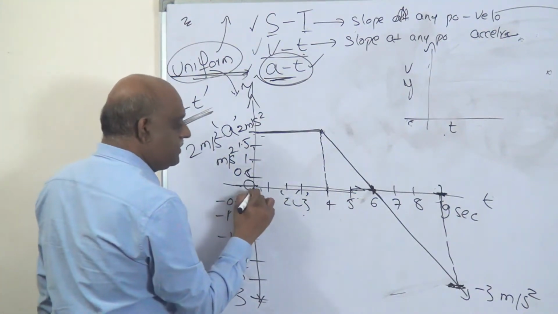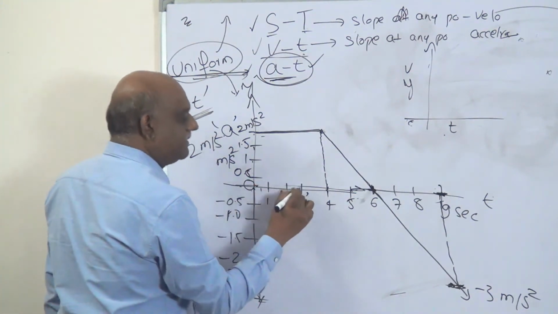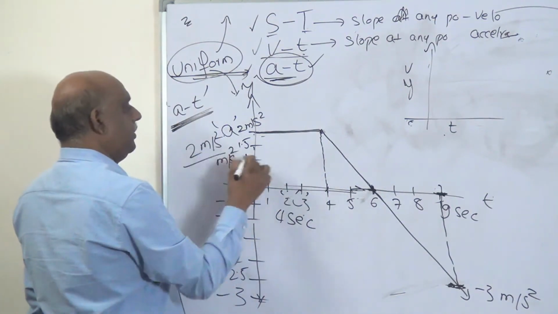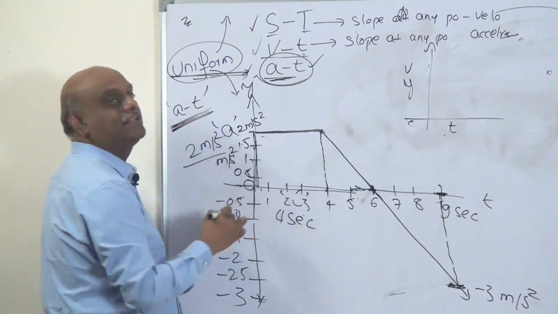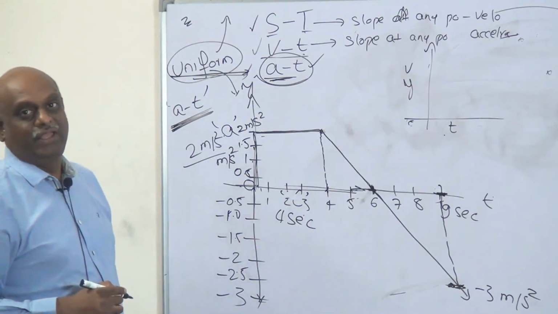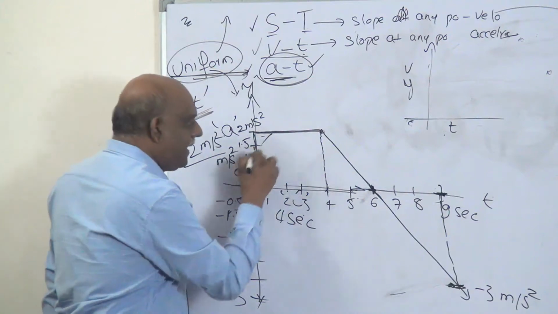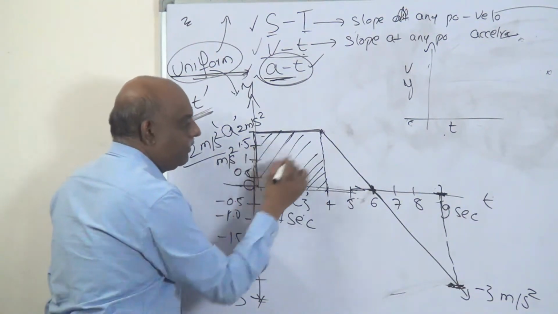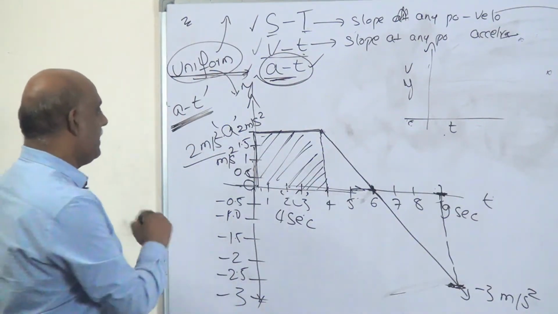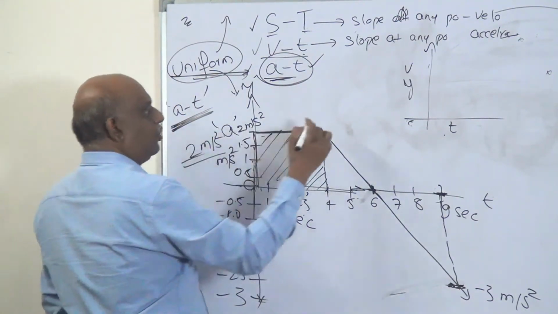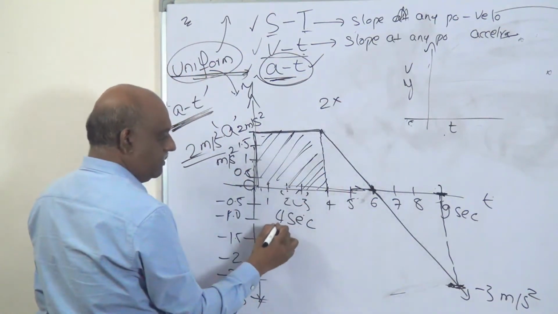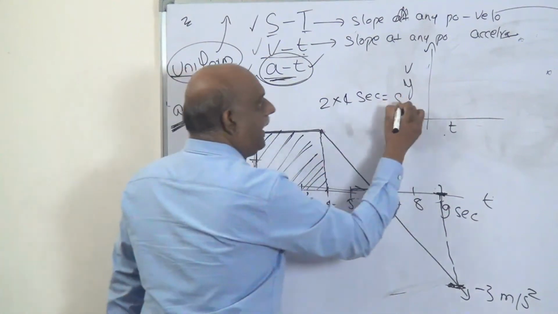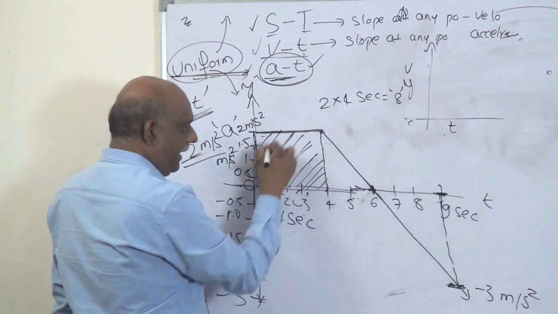The width is 0, 1 second, 2 seconds, 3 seconds, 4 seconds. So you have 4 seconds here. So what is the area of this? It will be equal to 2 into 4 seconds, that is equal to 8.